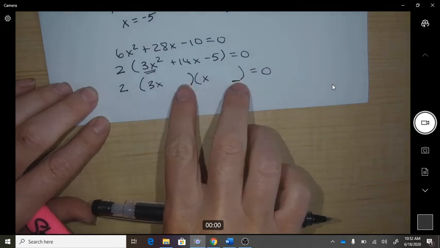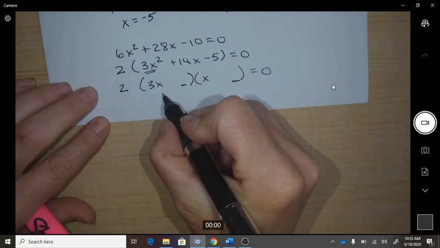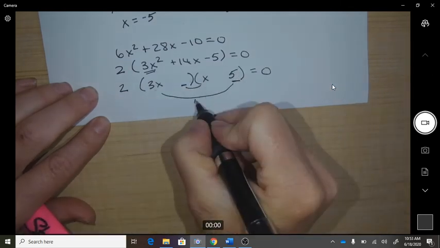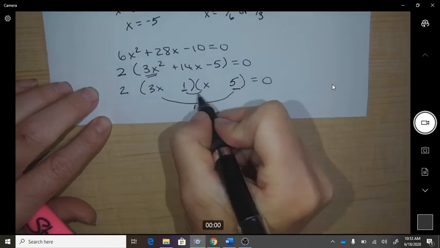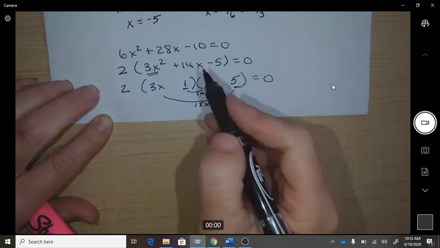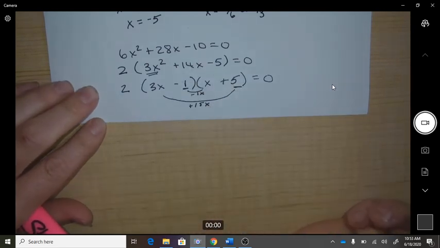Remember that you're trying to get 14. So I would put the 5 here to get 15x and the 1 there, because that's how I'm getting my 14. So positive 14, so I need positive 15 and negative 1.